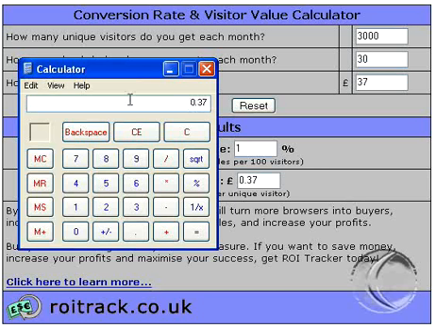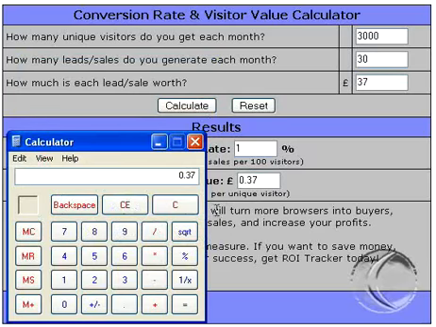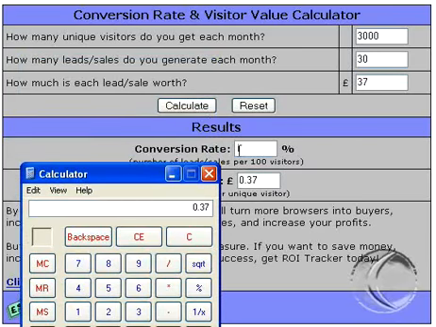Why? Because my conversion rate is 1%, so it takes 100 visitors to create one sale. If I'm paying 37 cents per click times 100 visitors, that equals $37, which is the price of my product.